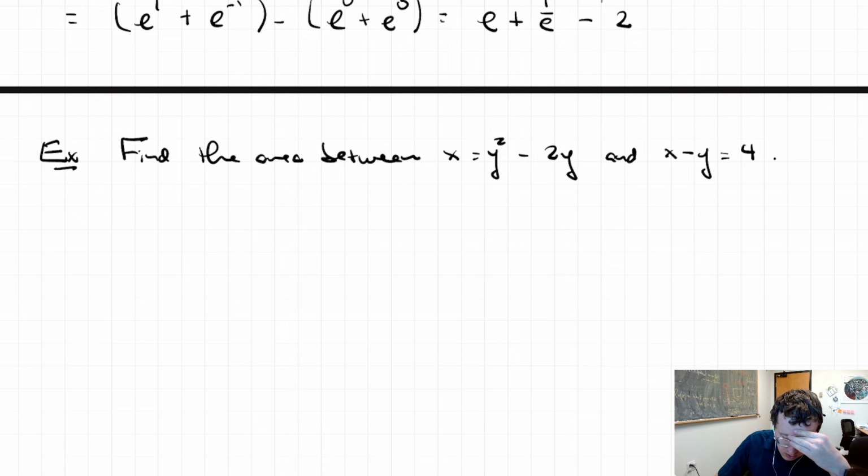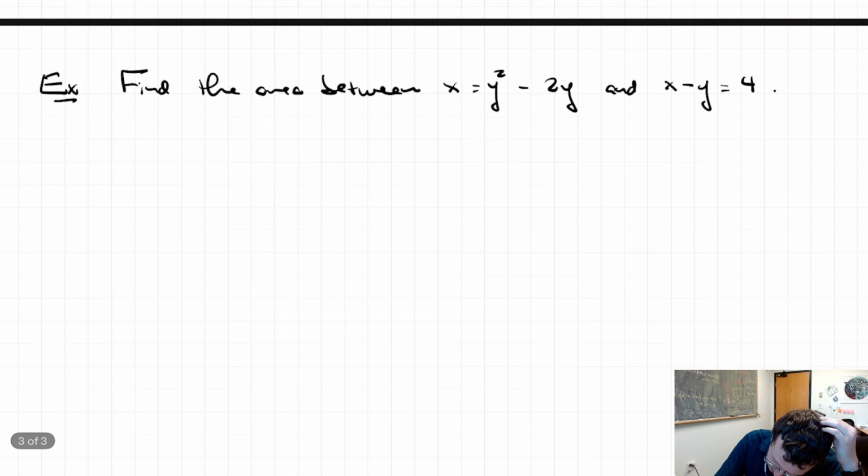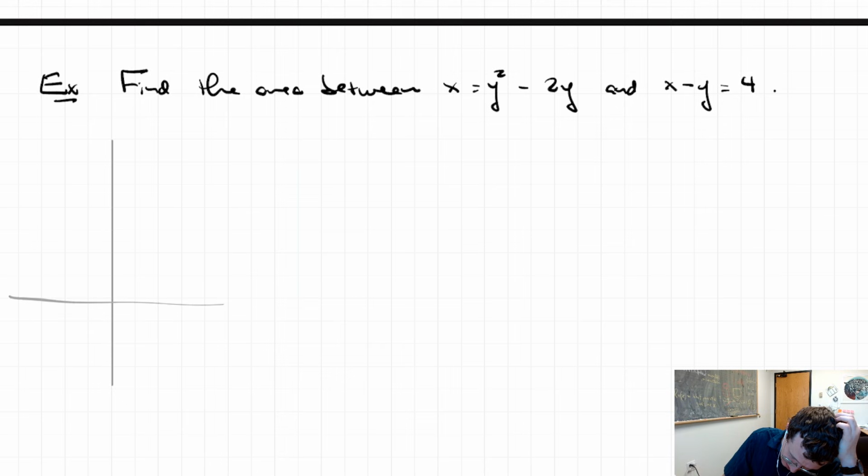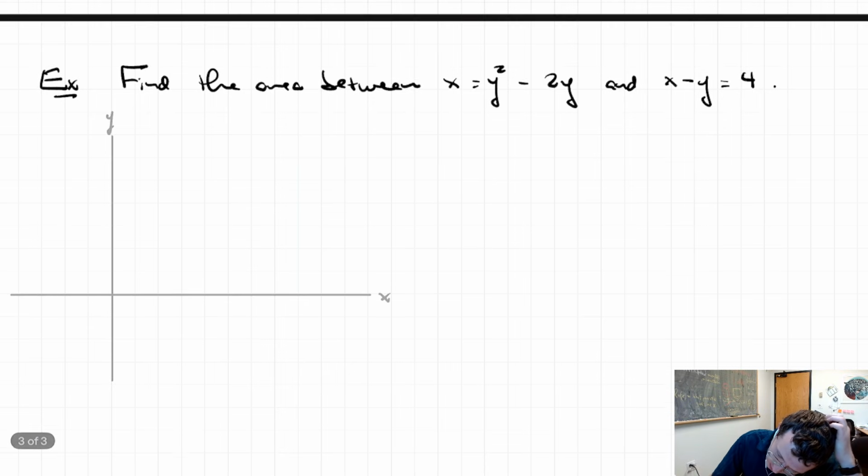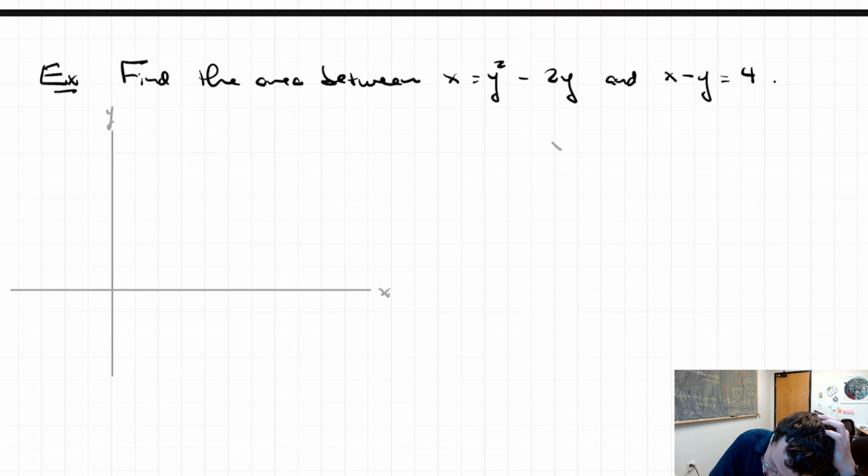Okay, so let's start by sketching a graph. x minus y equals 4. I can rearrange that as y equals x minus 4.